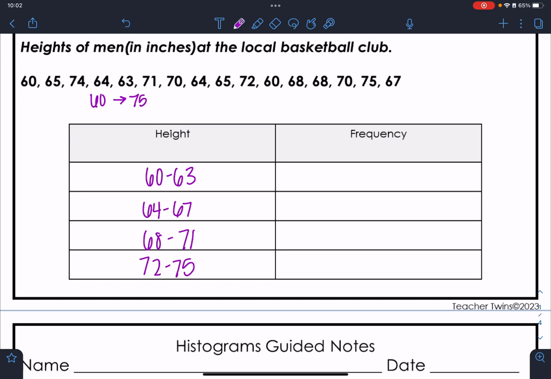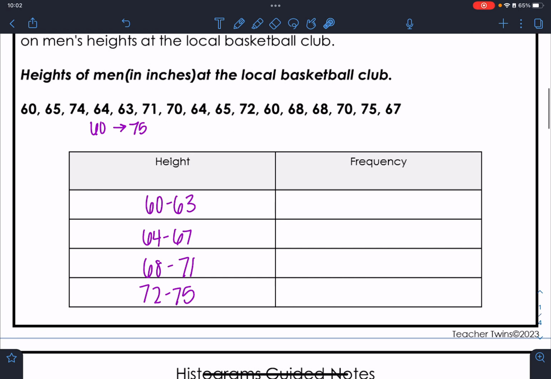So what do we do now? What is frequency? We're going to count how many numbers fall within the range 60 to 63. How many times do I see that? I like to take my pencil and mark through and make a tally. So 60, there's one, and I'm just going to make tally marks. I go through, here's a 63, so we make another tally mark there.